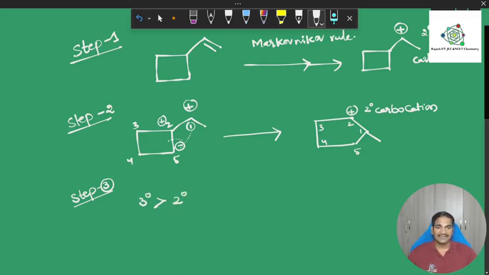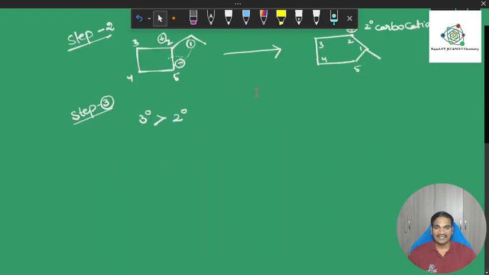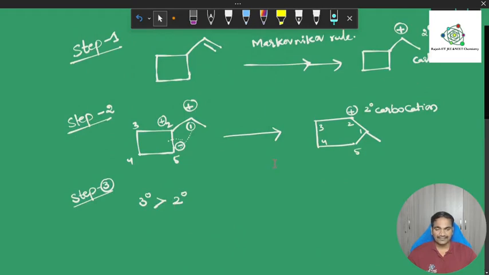So here the hydride shift takes place. The hydrogen on the adjacent corner shifts to the second carbon.